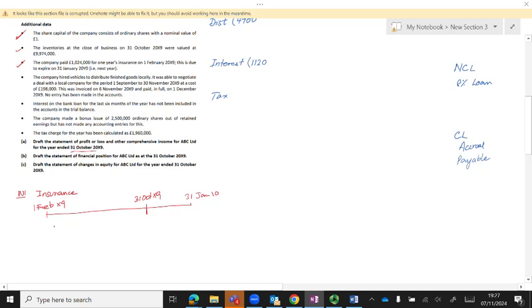So how many months have there been from 1st of February until 31st of October? It is 9 months.